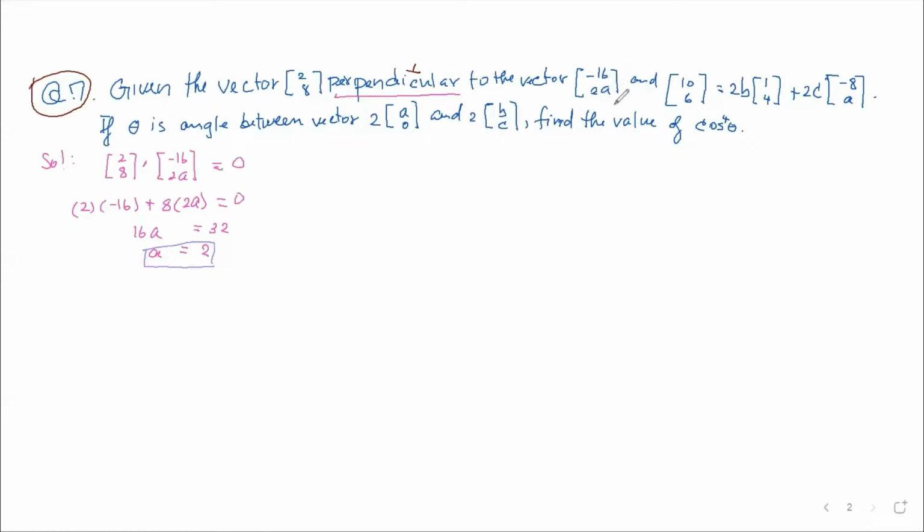The equation gives this vector equal to this plus. Now we have a already, correct? We have a here, so we just replace it.